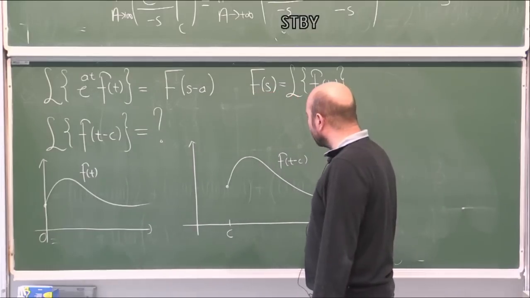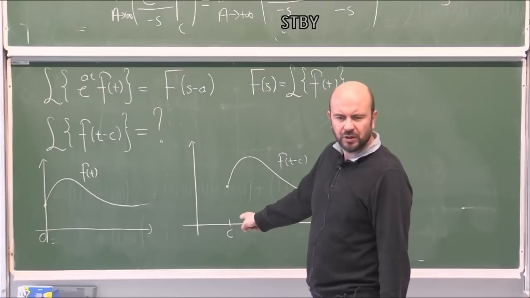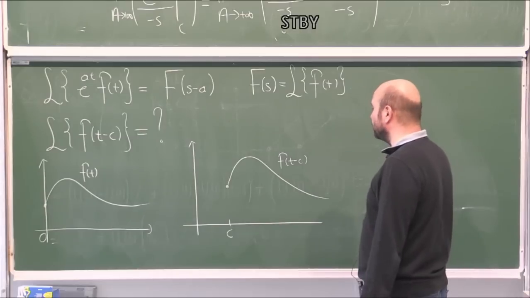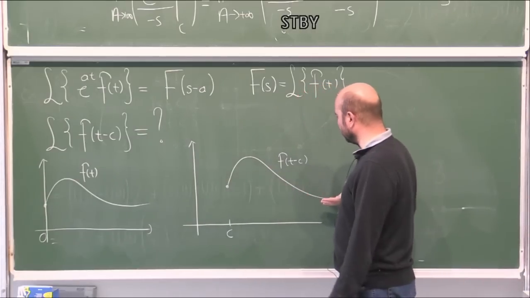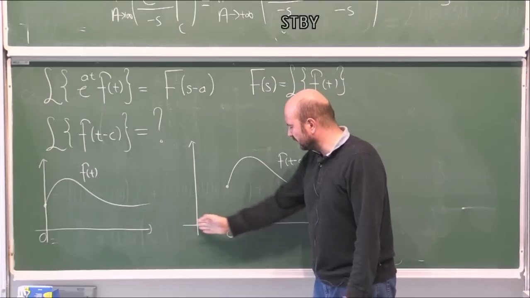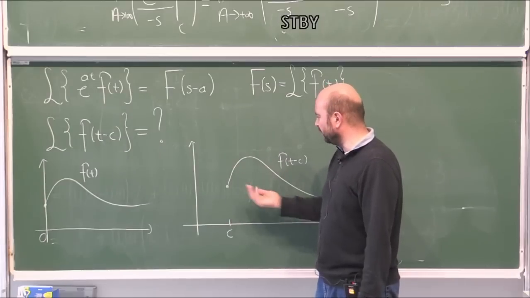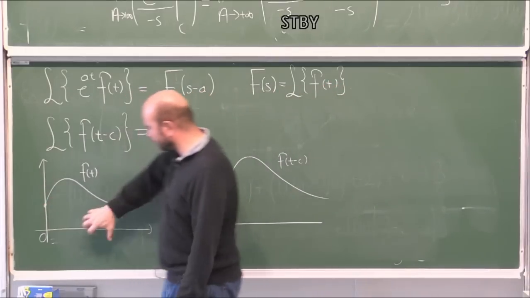But the thing is, I want to find the Laplace transform of this. I can't do it directly because I need to integrate from 0 to infinity, and there's a gap between 0 and c because my function is not defined there. If you just shift it to the right, there was nothing before, so there's a gap.